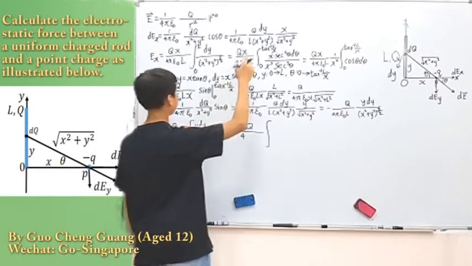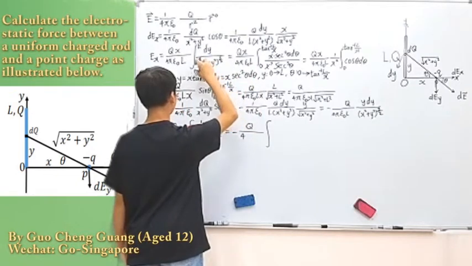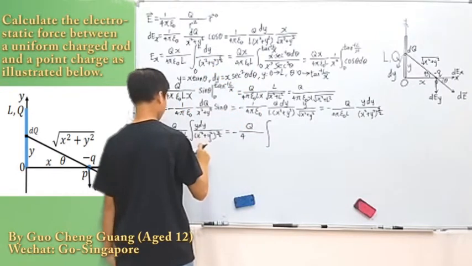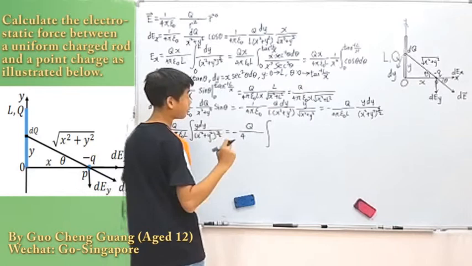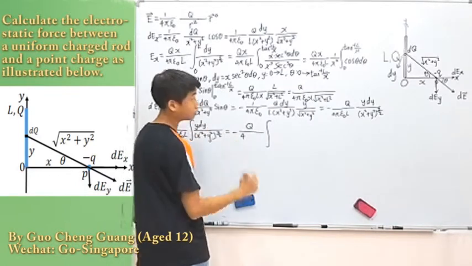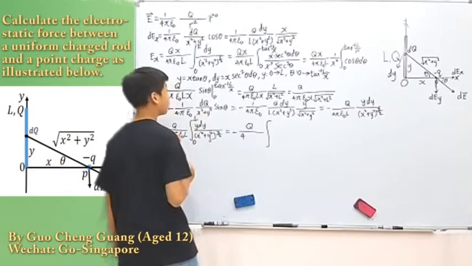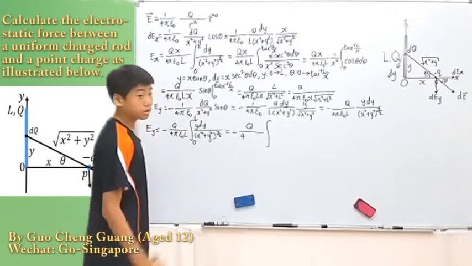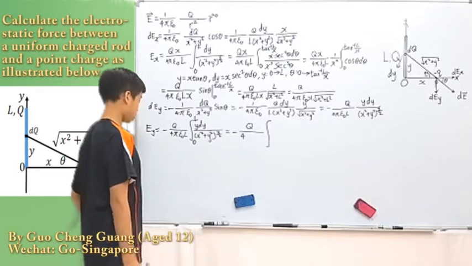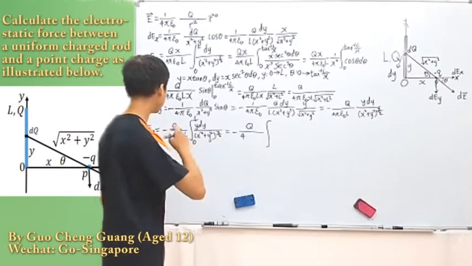From the first integration, we have 0 to L. In the second integration, we also need to have the boundary. The boundary in this case, according to that y there, is still 0 to L. So this part is always left in the integration here, or at least in this case.